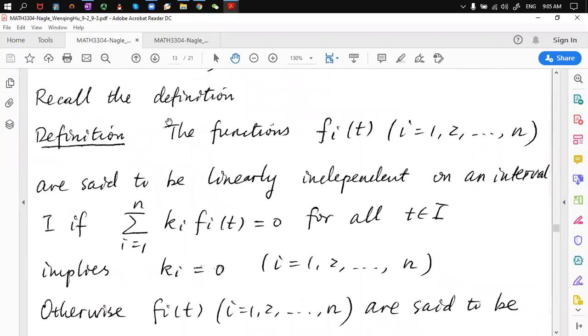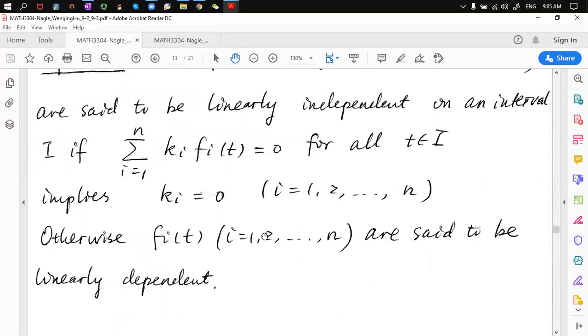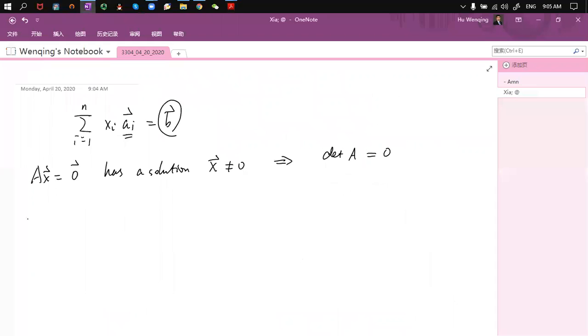If you have a family of functions fi(t), where i runs from 1 up to n, they are said to be linearly independent on an interval I if the summation of ki fi(t) equals 0 implies all the ki are equal to 0. Otherwise, these functions are said to be linearly dependent.